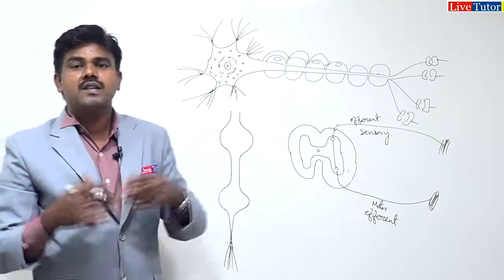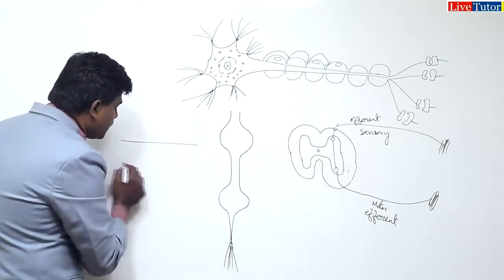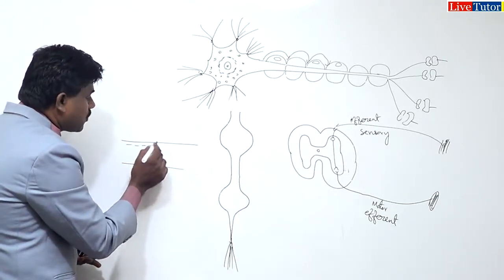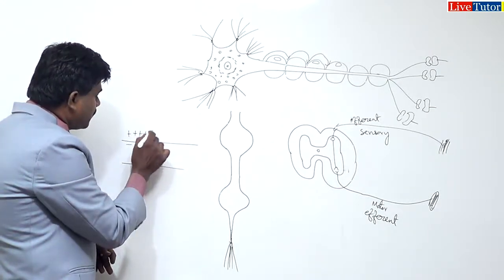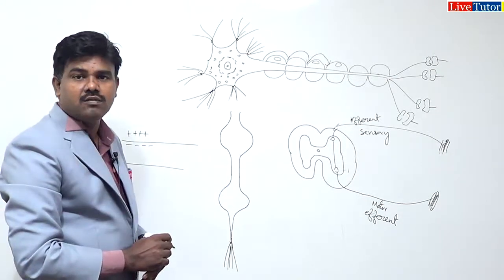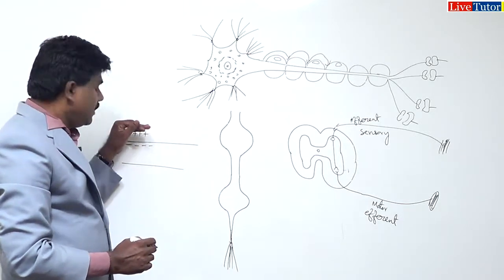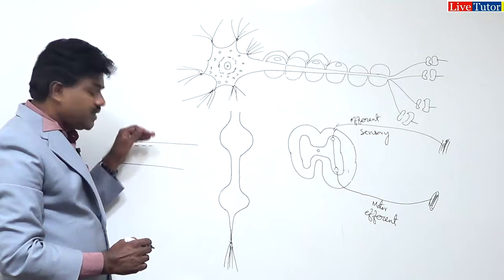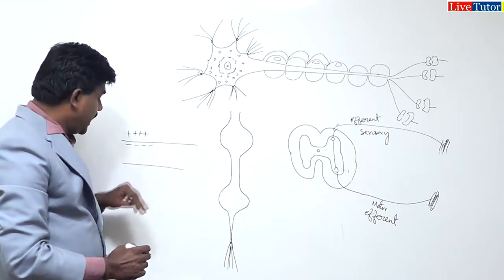Now, how do we transmit the impulses? Generally in any neuron, inside is electronegative and outside is electropositive. This electronegative state is called the resting potential. Outside is more electropositive, and inside the neuron is more electronegative.